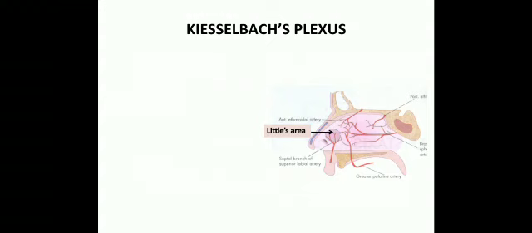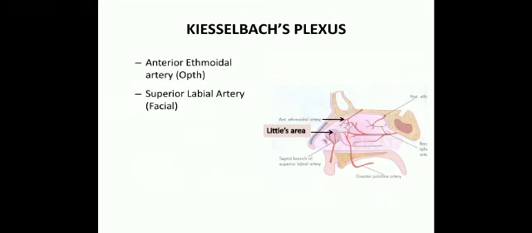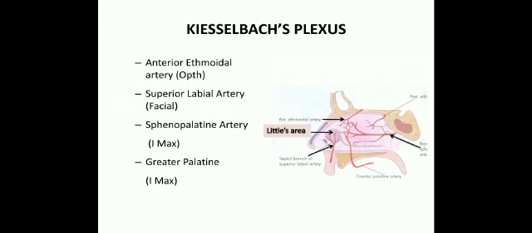This area is also known as Little's area, where bleeding of the nose is more common. The following arteries anastomose in this area: the anterior ethmoidal artery, a branch of the ophthalmic artery; the superior labial artery, a branch of the facial artery; the sphenopalatine artery, a branch from the first part of the maxillary artery; and the greater palatine artery, also from the first part of the maxillary artery.